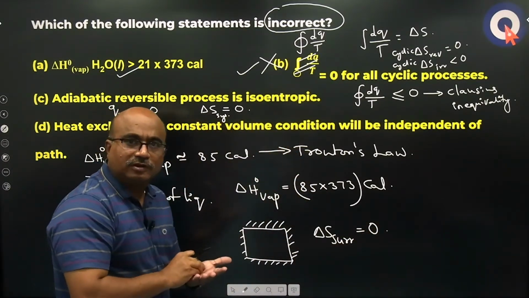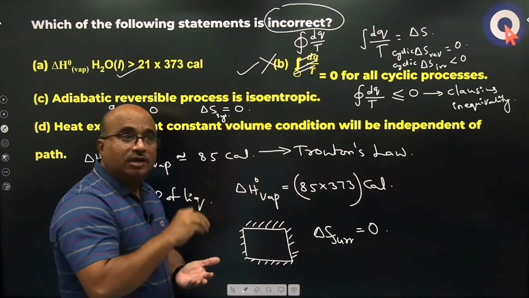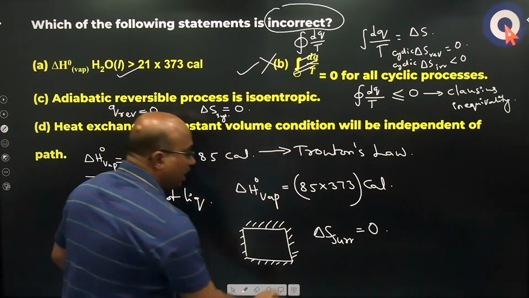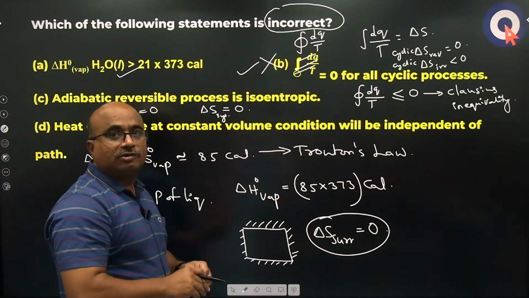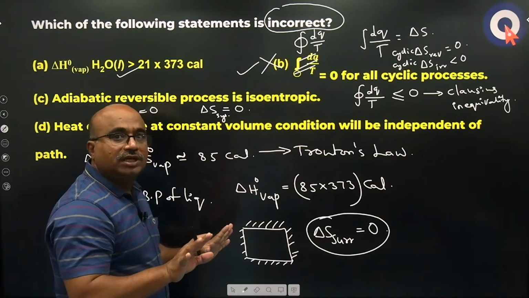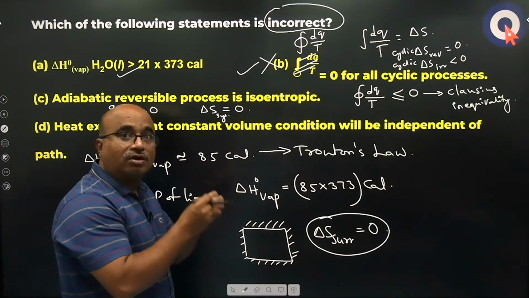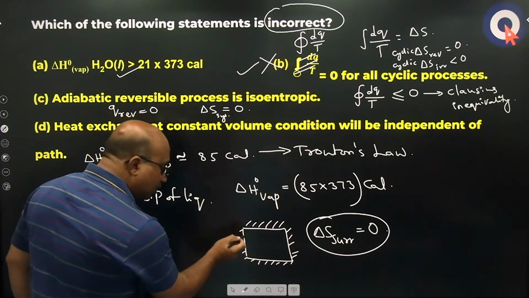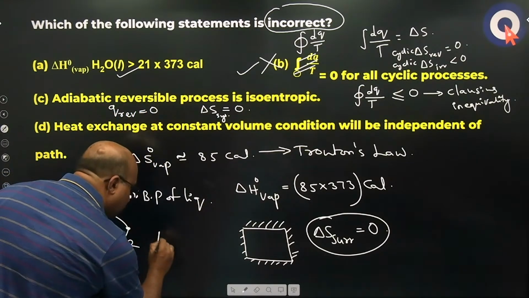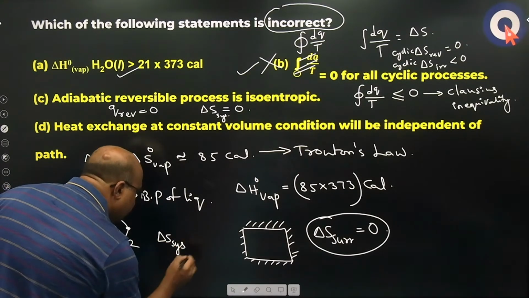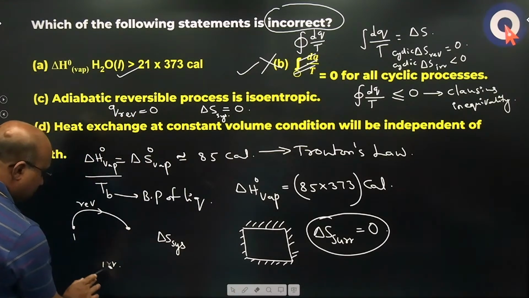Whether the process is reversible adiabatic or irreversible adiabatic, the entropy change in the surroundings will always be 0, because the surroundings will not gain any heat and will not lose any heat. So how do we determine delta S system?